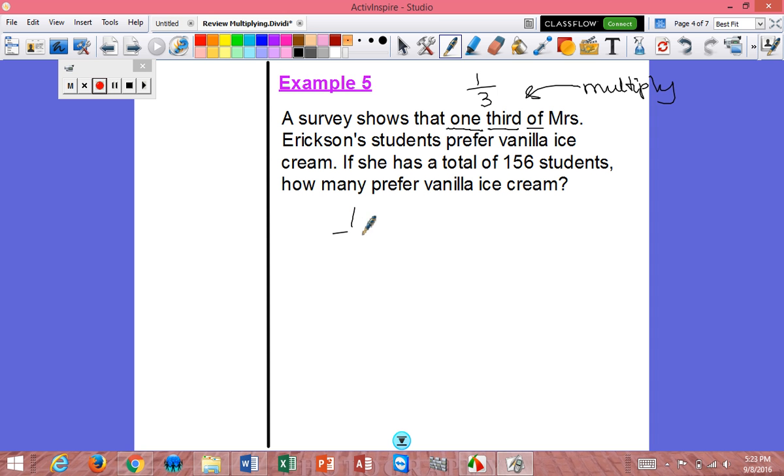So I'm taking 1/3 of the 156 students, so I am multiplying 1/3 by 156.